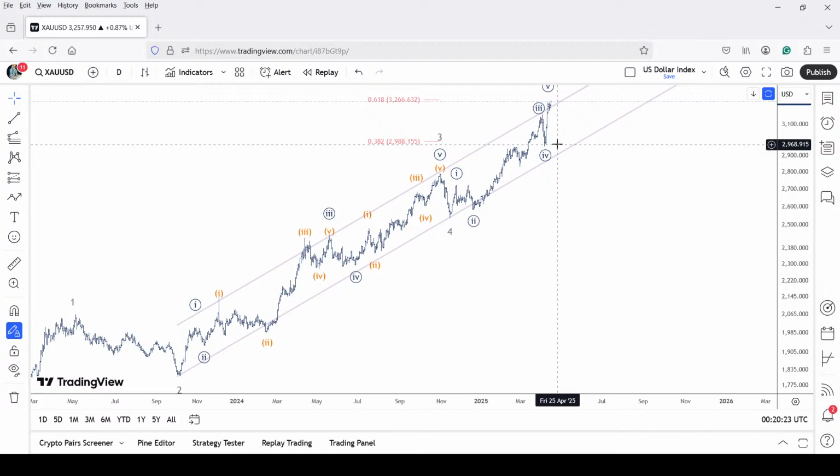So it's a choice between that aggressive short with a potential wave 5 termination, or you want to still stay on the sidelines with further confirmation. All right. So let's keep it short in this session.